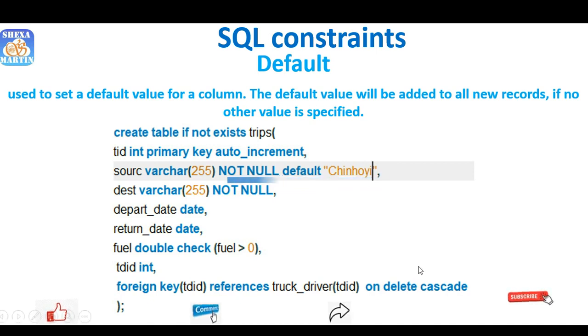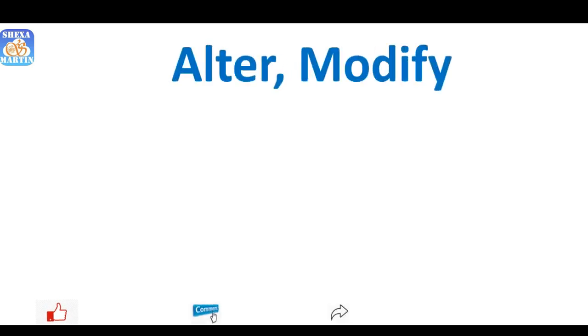And if you are altering the table, you will see that in the next queries that we are going to write. Right, let's now talk about some commands: alter and modify. The ALTER TABLE query is used to add, modify, or delete columns in an existing table.